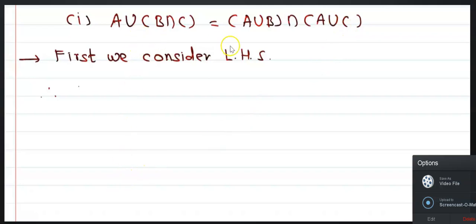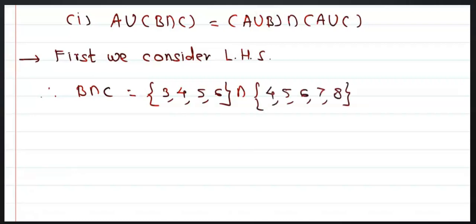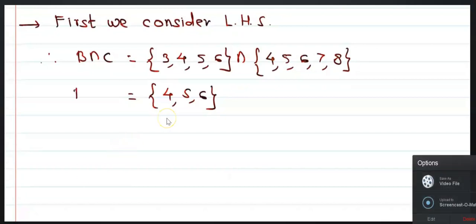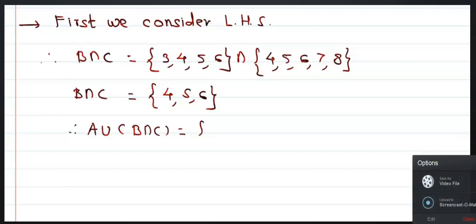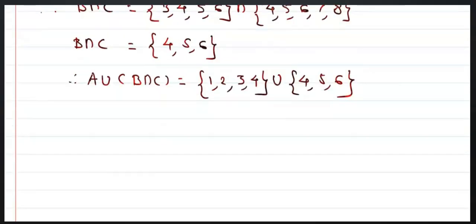Therefore, first we'll consider the LHS. That is B intersection C is equal to {3, 4, 5, 6} intersection {4, 5, 6, 7, 8}, and that is equal to, which is the common element, {4, 5, 6}. Therefore A union (B intersection C) is equal to {1, 2, 3, 4} union {4, 5, 6}.